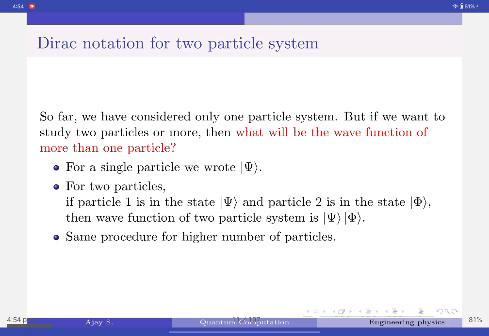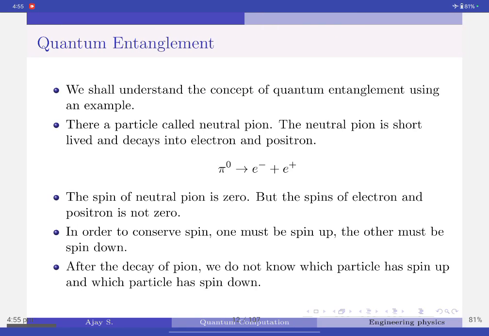The same procedure applies for a higher number of particles, you just write the state of each particle next to each other.